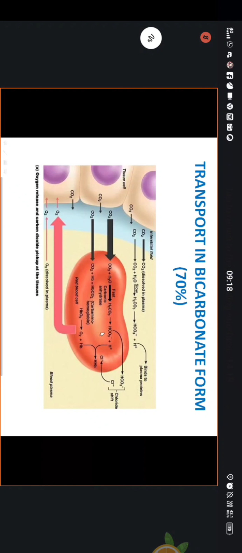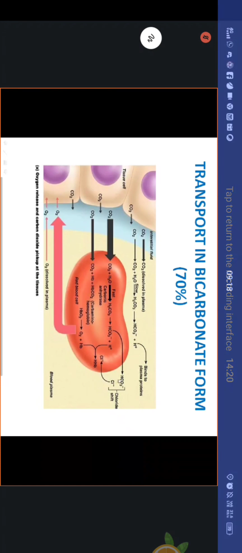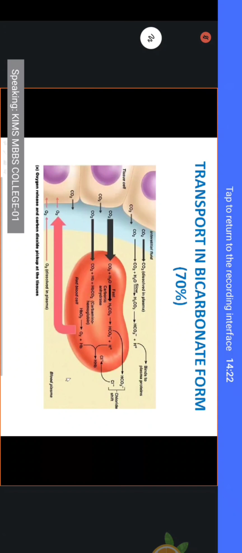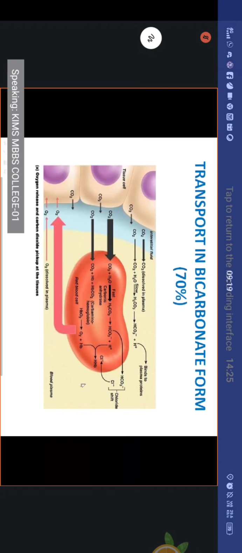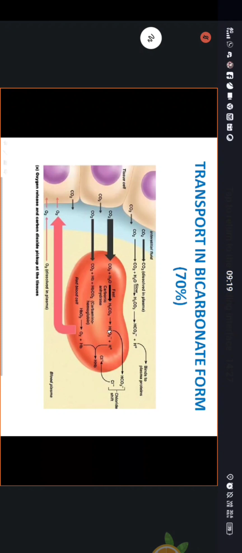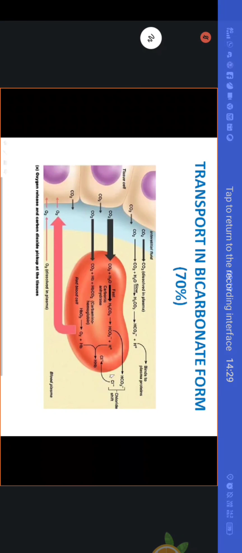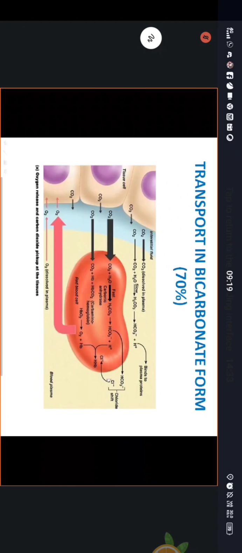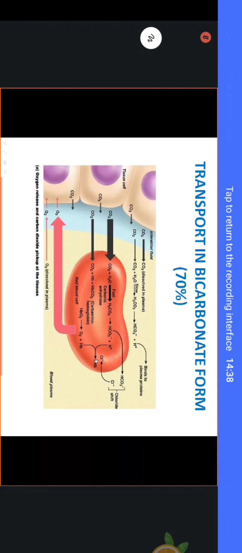Then what will happen? For transport, bicarbonate ion should enter the plasma outside of the cell. So it enters the plasma through the RBC membrane. To compensate for that, because of the movement of bicarbonate outside, there will be less negativity within the cell.